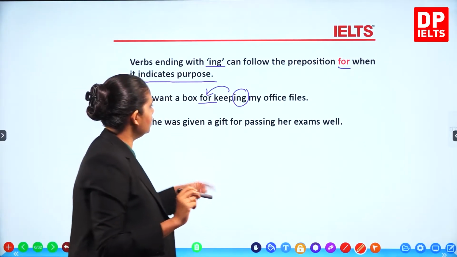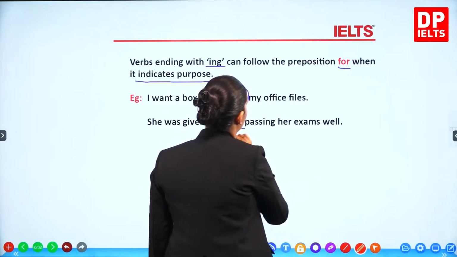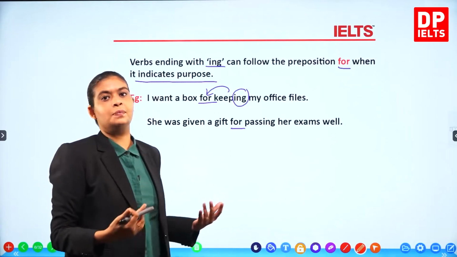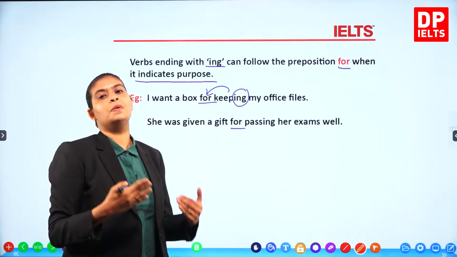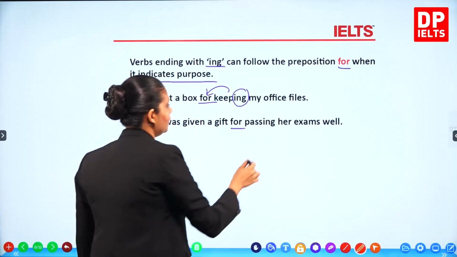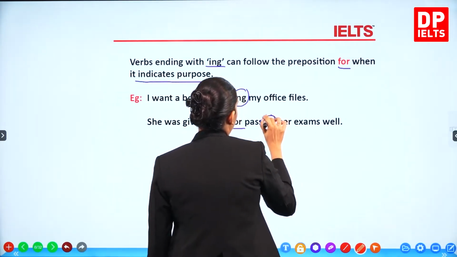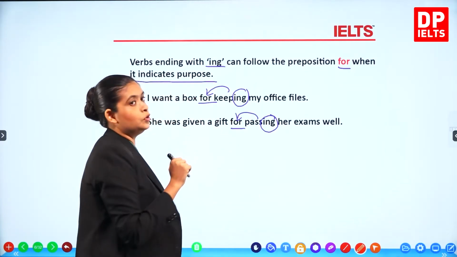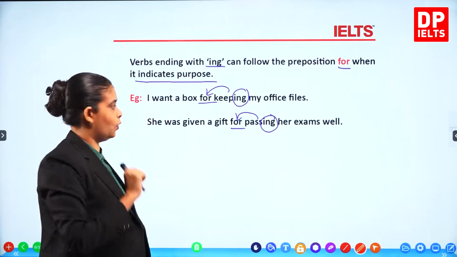She was given a gift for passing her exams well. So why was she given a gift? What was the purpose? Because she passed the exam well. Therefore, if the verb ends with ing and there is a purpose for it, you could use the preposition for.